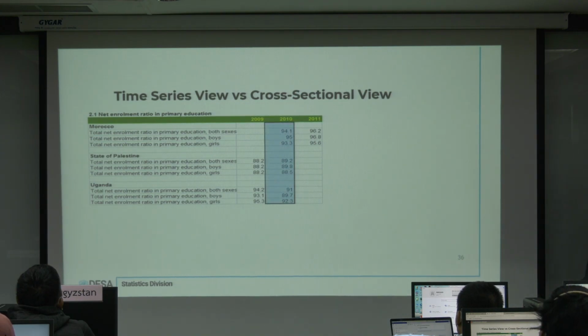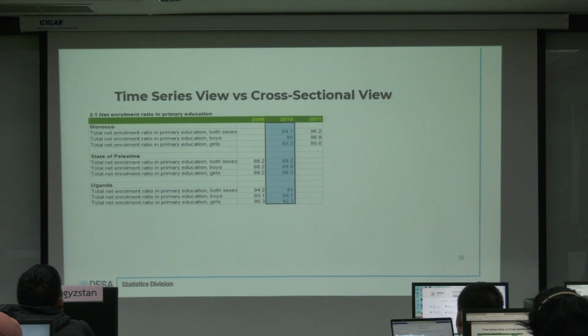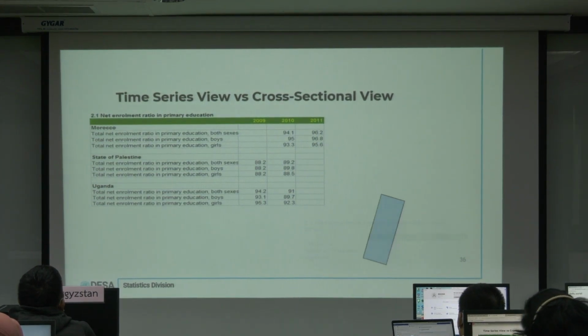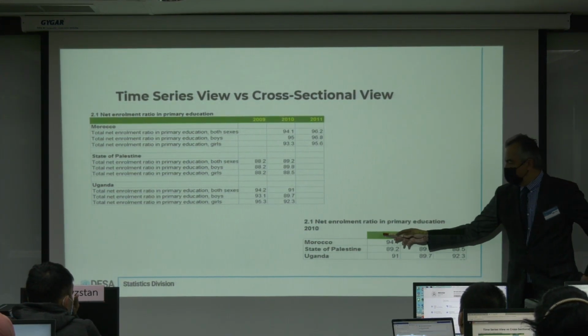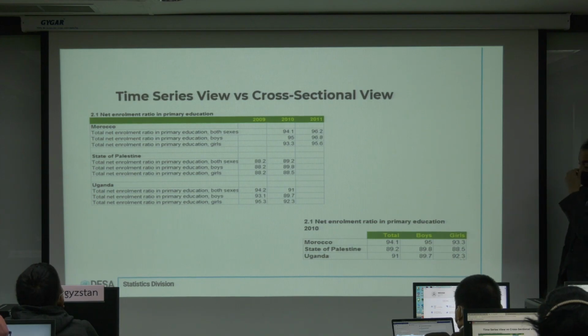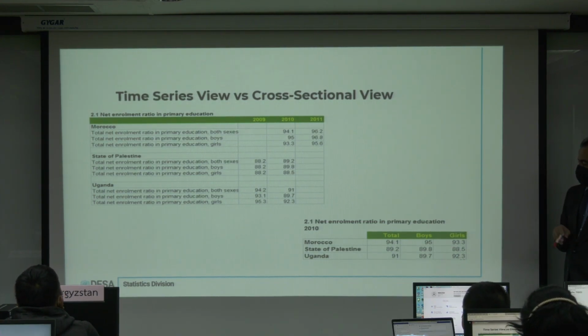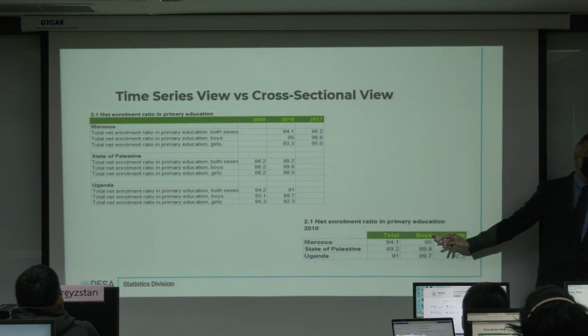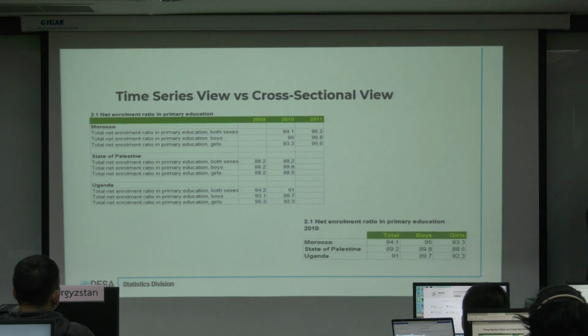So let's have a look at a slice of that table, and instead of time, we can transform it into a cross-sectional representation, where the dimension that is used to transpose the data is sex, not time.